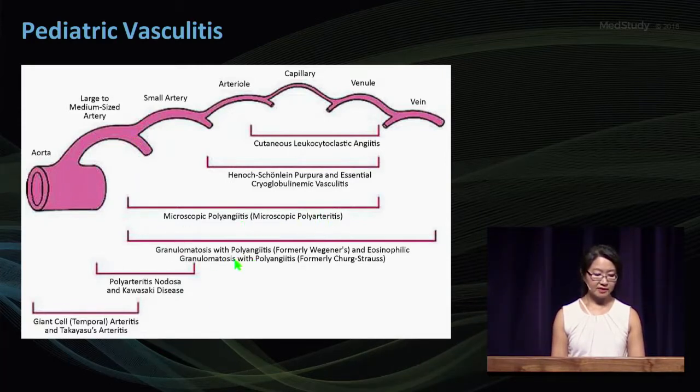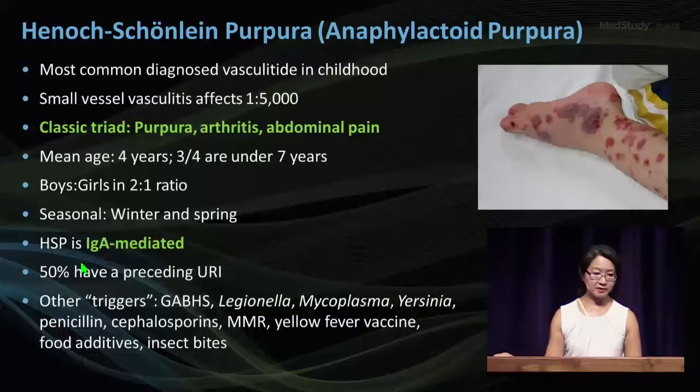The large to medium vessels, granulomatosis with polyangiitis, formerly known as Wegener, and EGPA, formerly known as Churg-Strauss. And then we have polyarteritis nodosa and Kawasaki's disease, which affect medium-sized vessels. And then Takayasu's arteritis, which is rare in children, but can occur, and you may encounter a case. These can affect large vessels, such as the aorta.